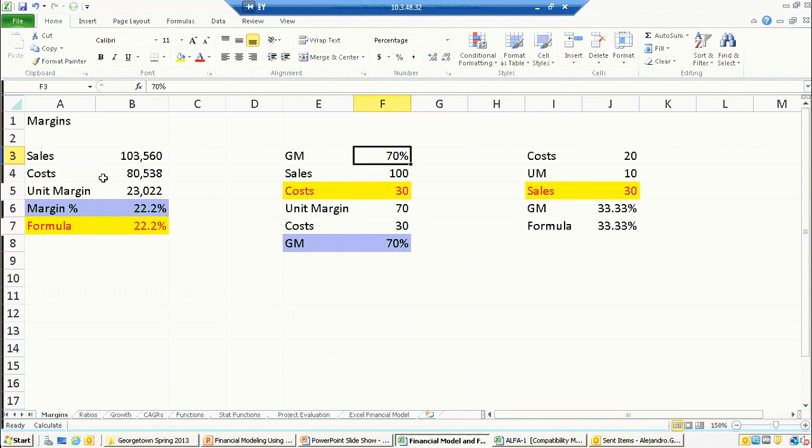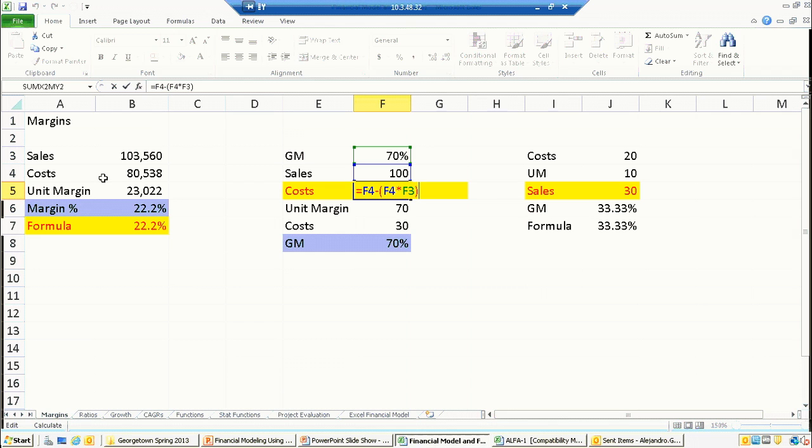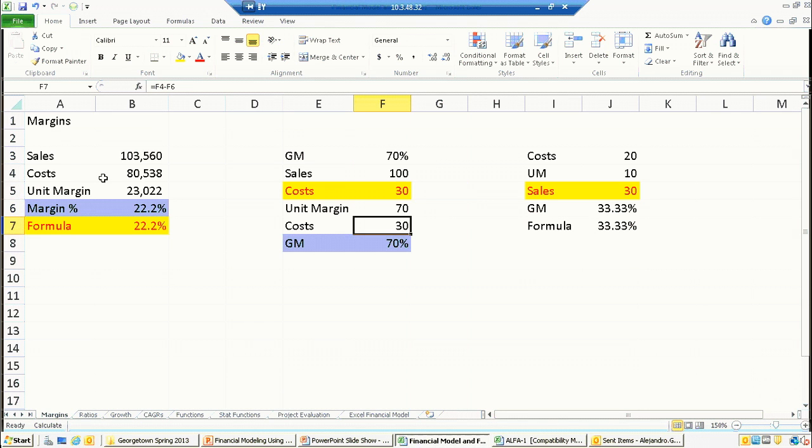And then you can play around with the formula, and you can start with a margin and a sales figure and calculate your cost. Simply you multiply one by the other and subtract from the initial figure, or you can start with unit margin or contribution margin and cost, and then you can calculate the gross margin expressed as a percentage.